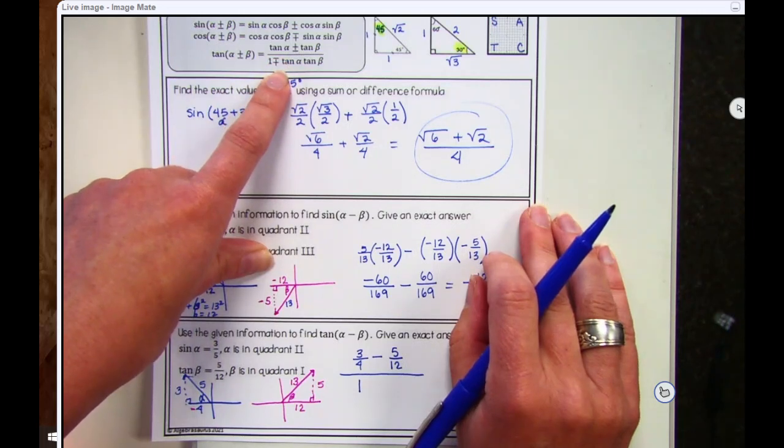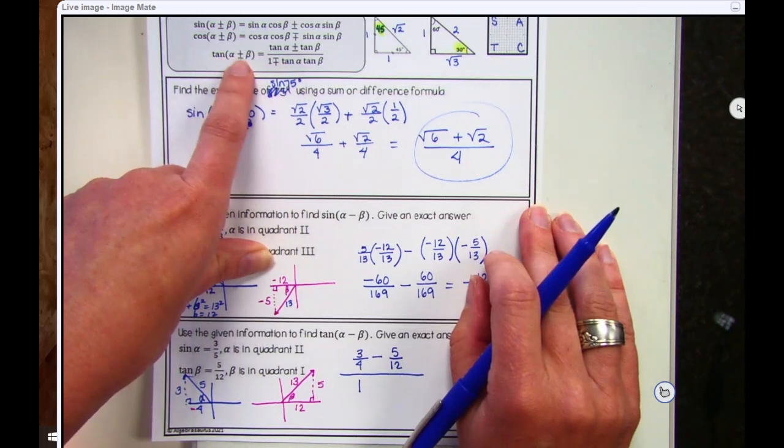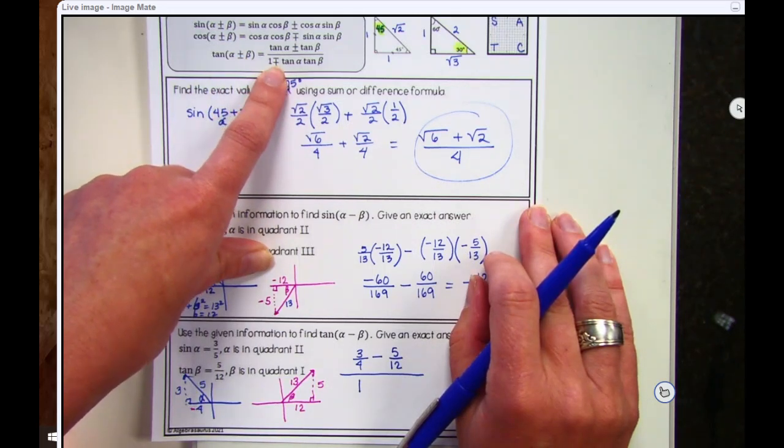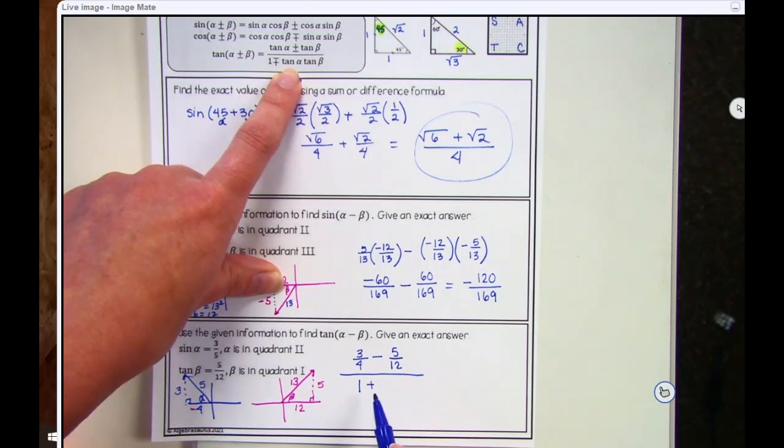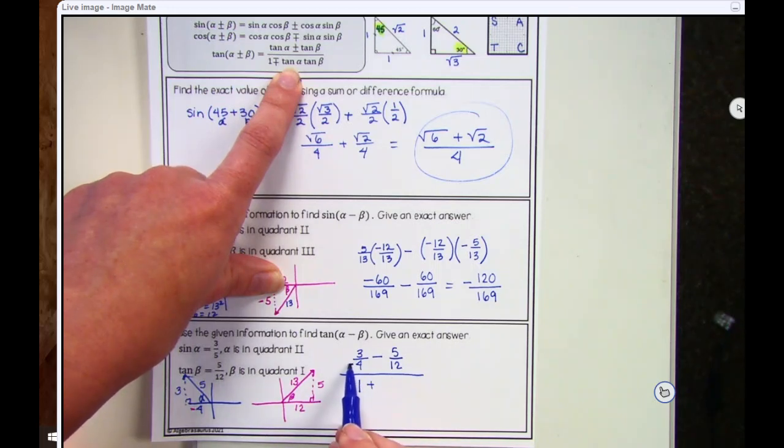Are we going to use the minus or the plus sign here? Minus. So remember, we're doing tangent A minus B, and it's the bottom sign, so that means I will be using plus, yeah. Plus tangent of A, which was what? Oh, guess what we forgot, Jacob? We didn't put the negative right there.